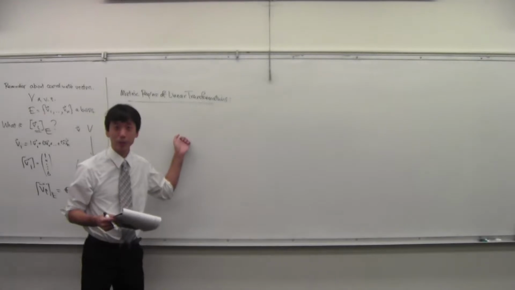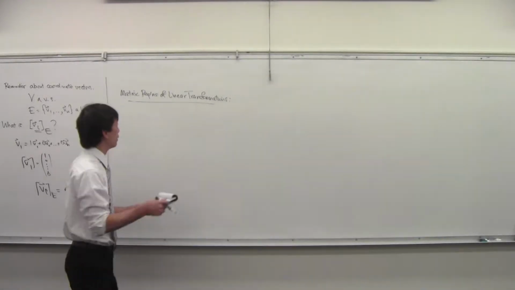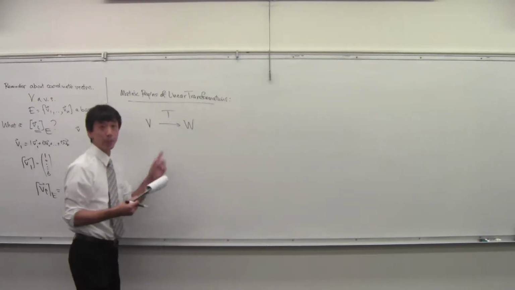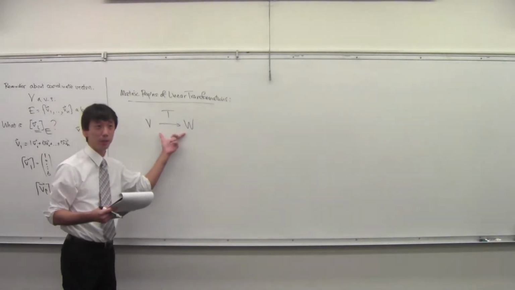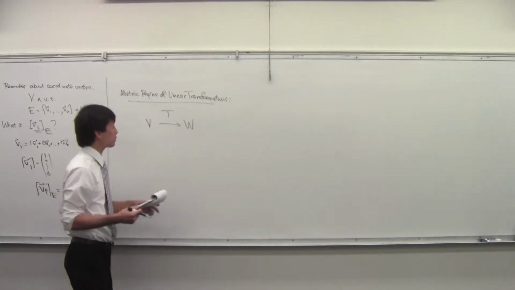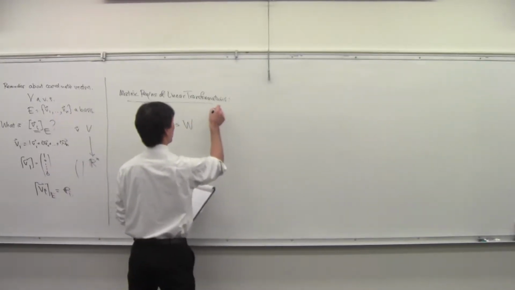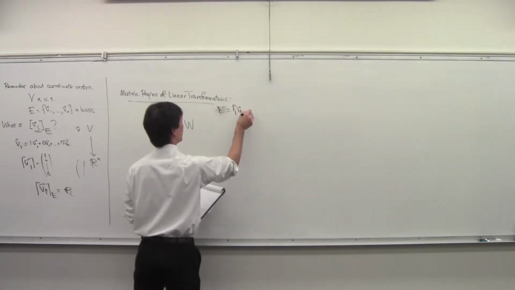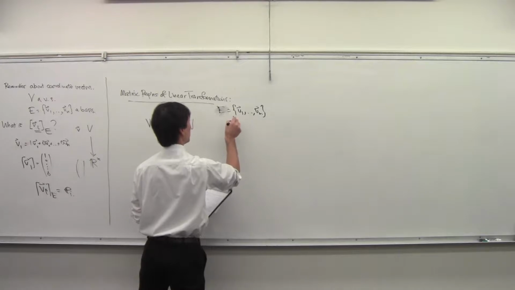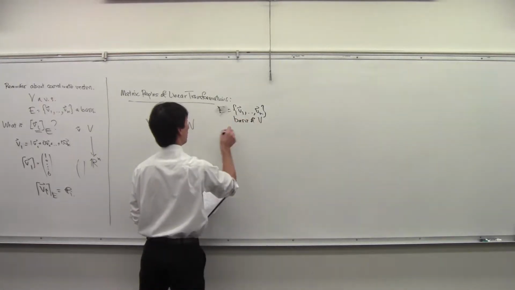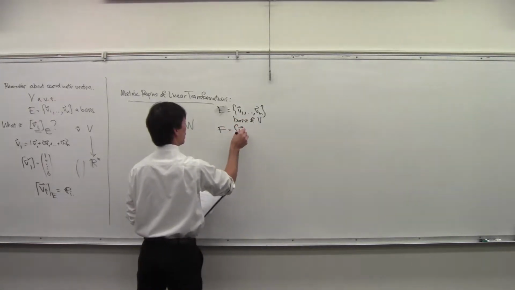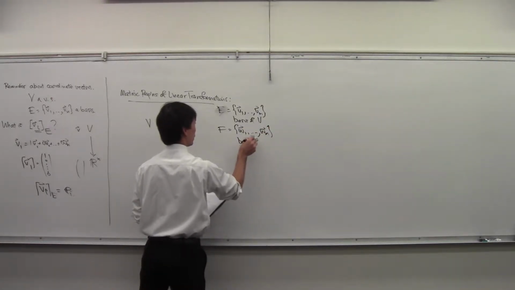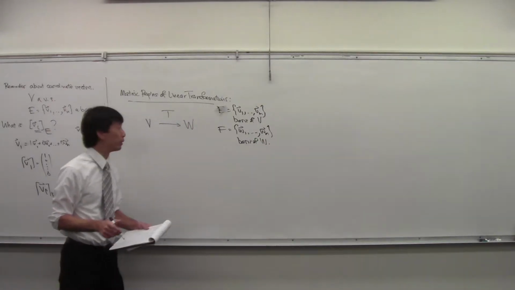You have some linear transformation going from one vector space to another, and you have two bases: v_1 through v_n, a basis of V, and w_1 through w_m, a basis of W. This is what we set up last time.